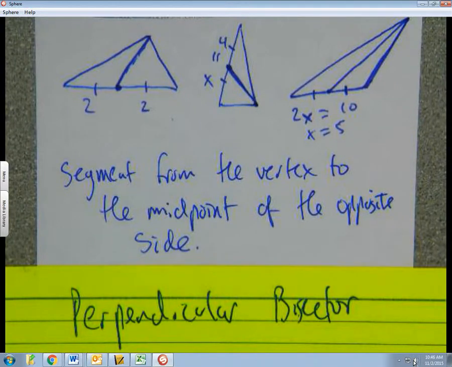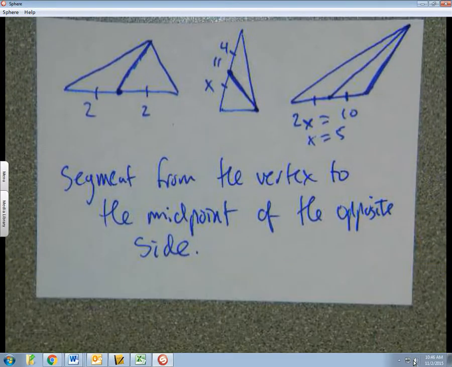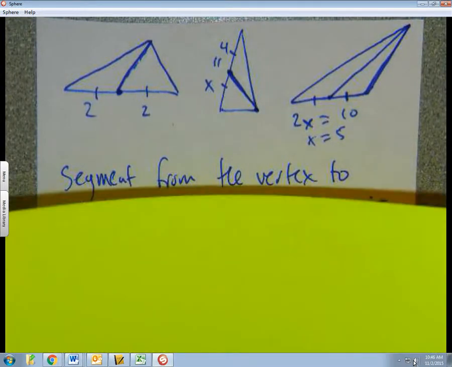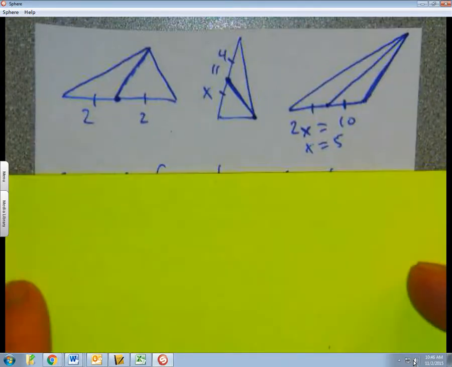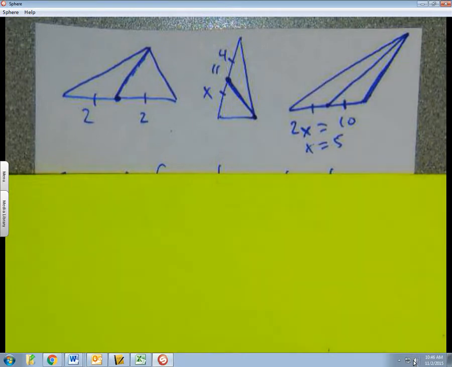Okay. So if we're talking about perpendicular bisectors, let's draw our triangles. So I guess let's think about it like this.